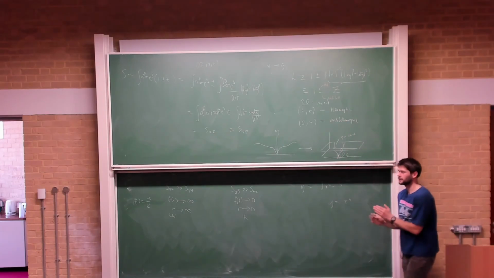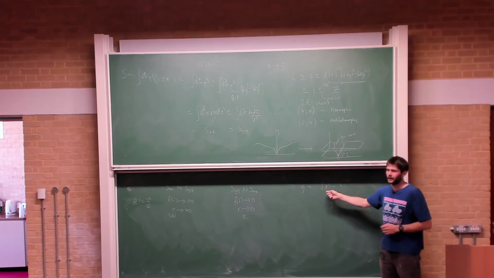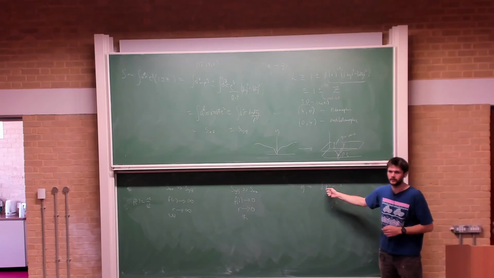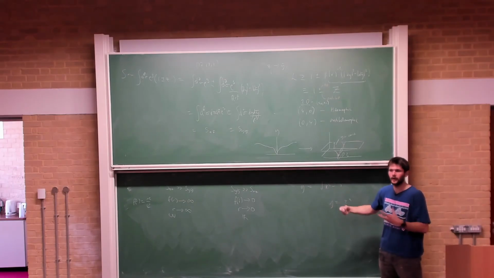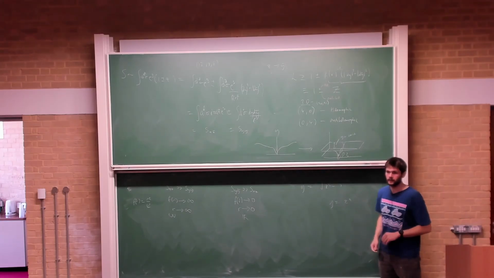Each of the branches you can think of as corresponding to a different brane. So I think there is quite a clear geometric interpretation when you have multi-valuedness. It's not just a weird thing that you don't know how to interpret. It should be interpreted as the different sheets being different branes in this story.